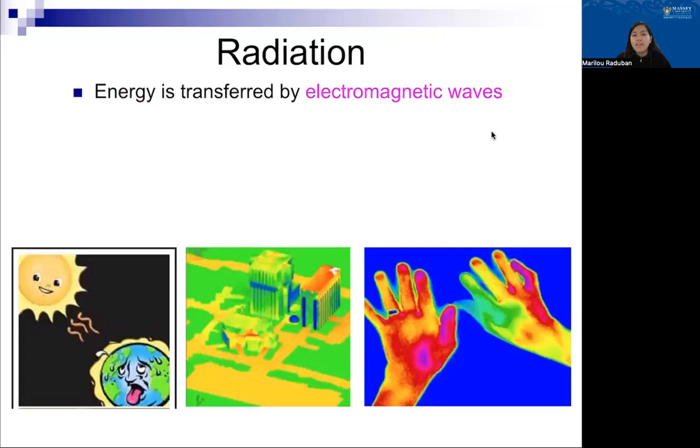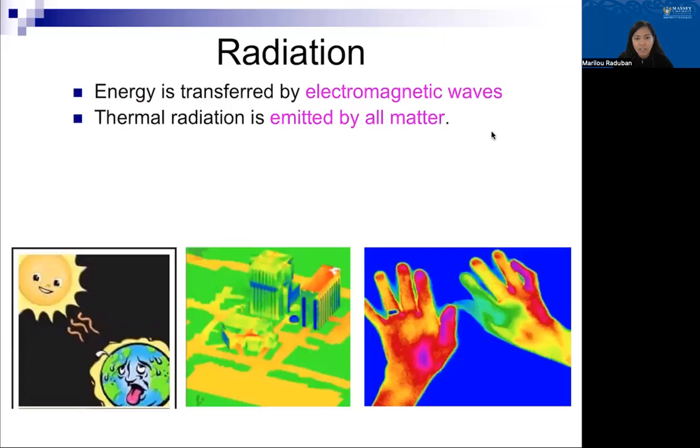And because everything is made up of atoms, everything is therefore emitting radiation. Okay, so thermal radiation is emitted by everything, because everything is made up of atoms. And how much radiation is emitted depends on, for example, the temperature of the object, because we've learned previously that the hotter the object is, the faster the atoms vibrate.